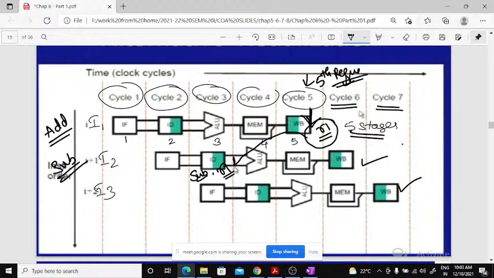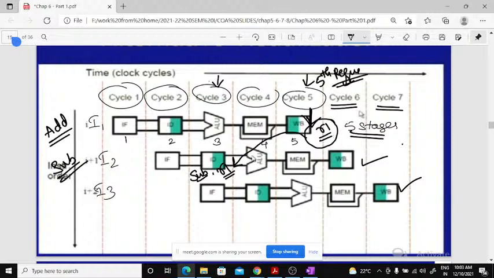So here, because there is a dependency, look here, at clock cycle 3, during clock cycle 3 it is decoding the R1 register content. The main thing is, while decoding it should get the updated value, otherwise you will get a wrong result.